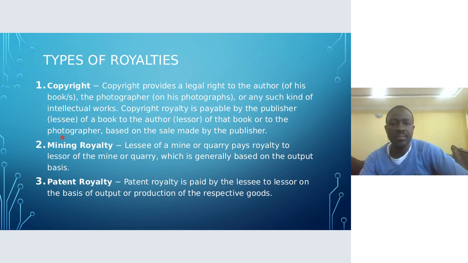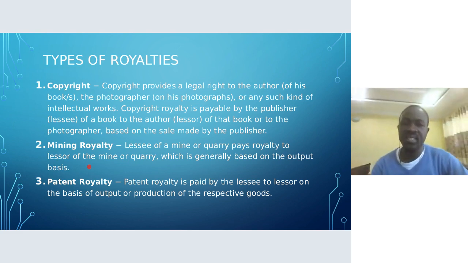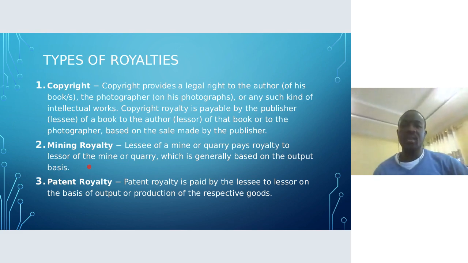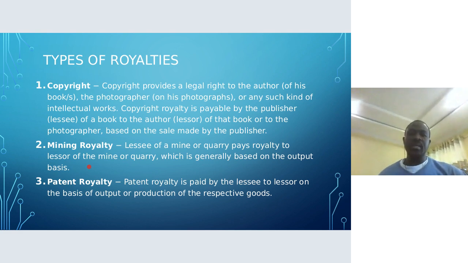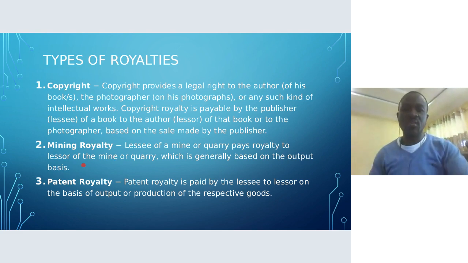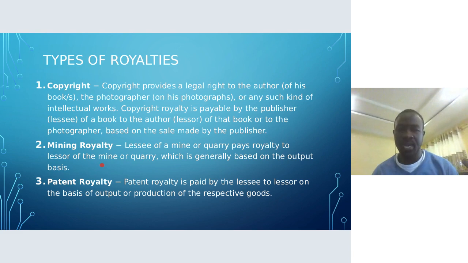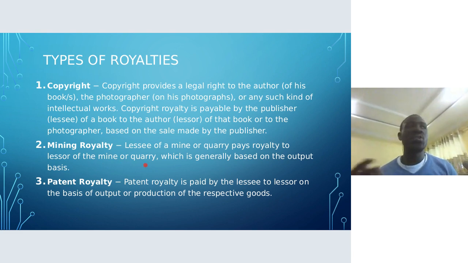The other royalty is the mining royalty, and this is common in most cases. Now, for the mining royalty, the lessee of a mine pays a royalty to the lessor, the mine owner or the landlord, and it is always based on the output, maybe on the number of tons that are mined, the number of lorries, and so on.